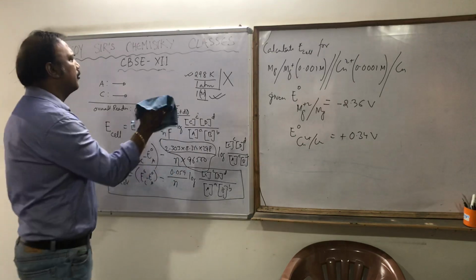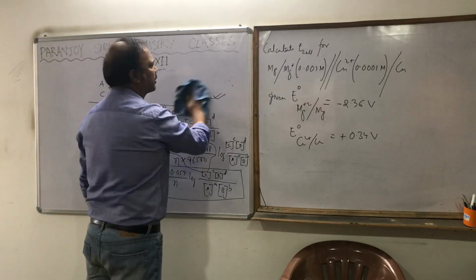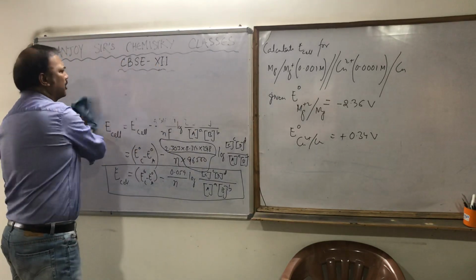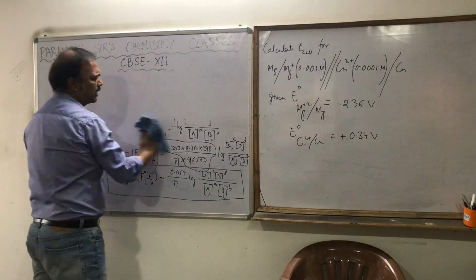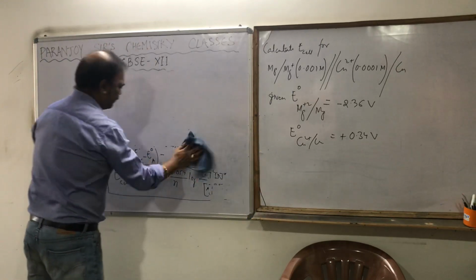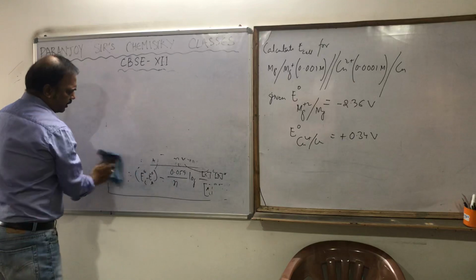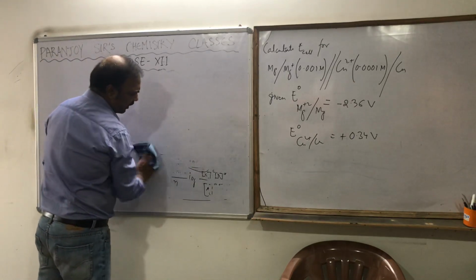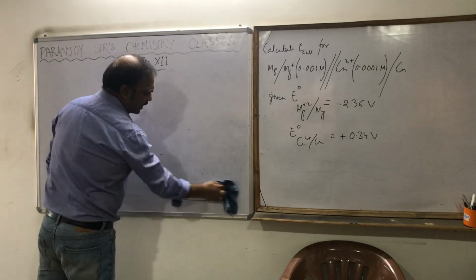So how to do this? Again I am telling you, I am teaching you the simplest possible process, and you should follow this process always so that there will be no issues with you with the Nernst equation. Very easy thing to be done. See here what I am going to do. The cell representation is given to you.